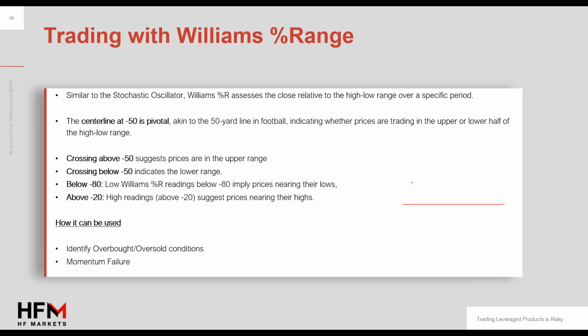It is the highest high of the last 14 periods minus the most recent close, over the highest high of the last 14 periods minus the lowest low of the last 14 periods. That's a very, very simple formula.